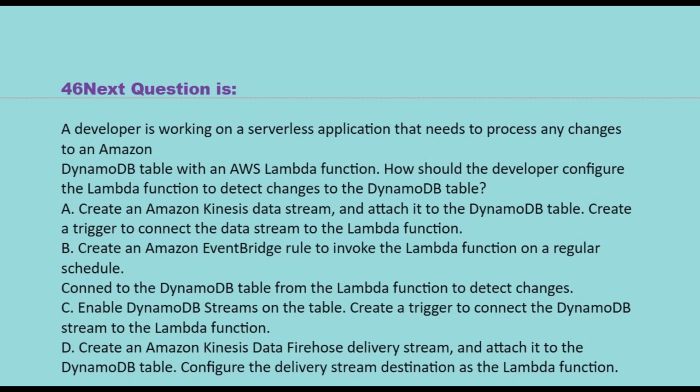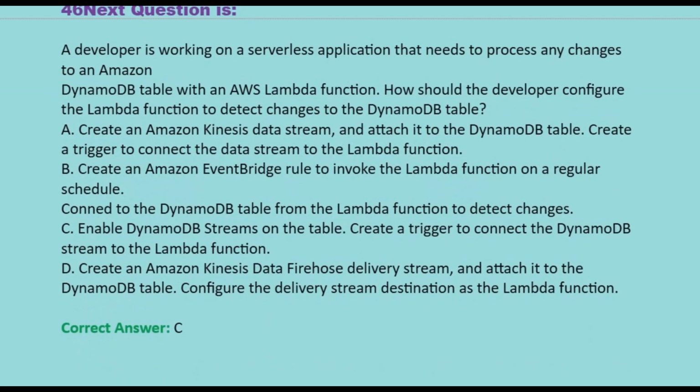Option C. Enable DynamoDB Streams on the table. Create a trigger to connect the DynamoDB stream to the Lambda function. Option D. Create an Amazon Kinesis Data Firehose delivery stream and attach it to the DynamoDB table. Configure the delivery stream destination as the Lambda function. Correct answer is option C.